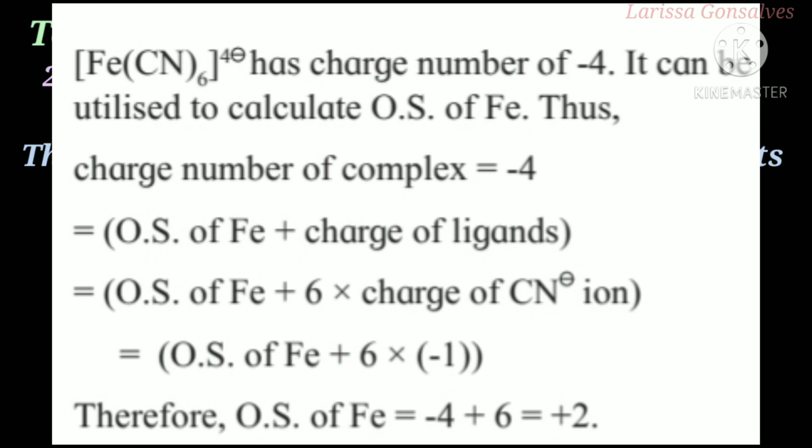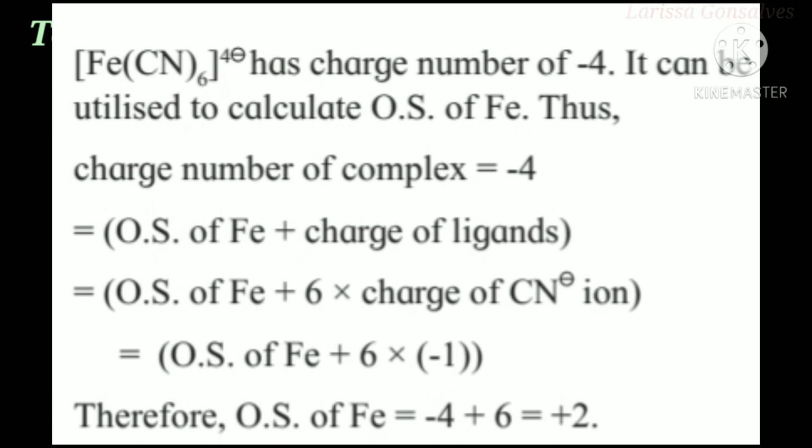Let us now calculate the oxidation state of the central metal ion, which is the ion Fe. The formula to calculate the oxidation state of the central metal ion is: oxidation state of the central metal ion plus the charge which is present on the ligands is equal to the net charge on the complex.